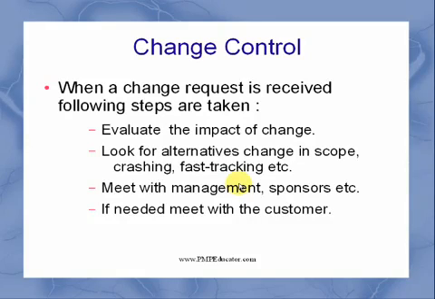So you have to look for alternatives so that you can incorporate the change request. Then you have to meet with the management sponsor, etc., to discuss the changes which are requested, and if needed, meet with the customer.